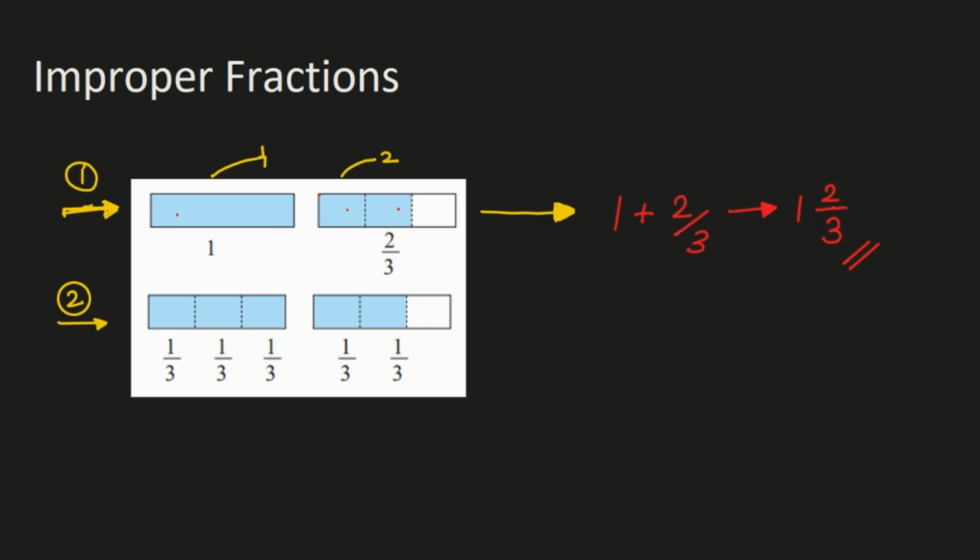Okay, now let's go to the second figures. What happens here? You can see it's the same as the first two figures. No difference here, right? When you consider this, the whole unit or the whole figure had been completely colored.